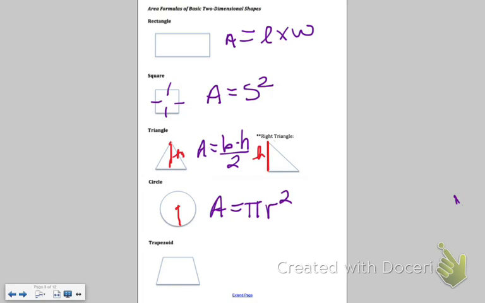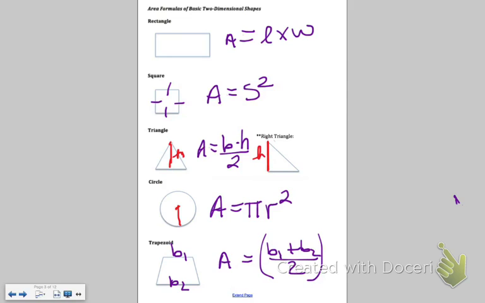And we are going to work with a few trapezoids today. So the area of a trapezoid is taken by adding the first base and the second base, because we have a top and a bottom, so we can say this is base 1, this is base 2. And we're going to take its sum and divide it by 2.